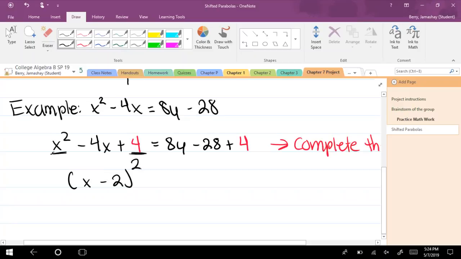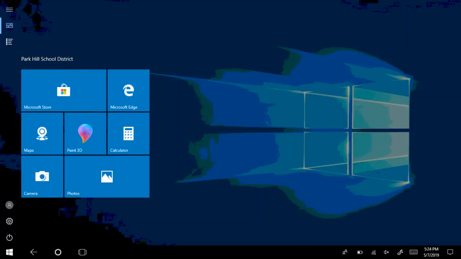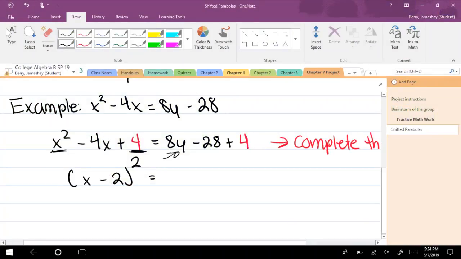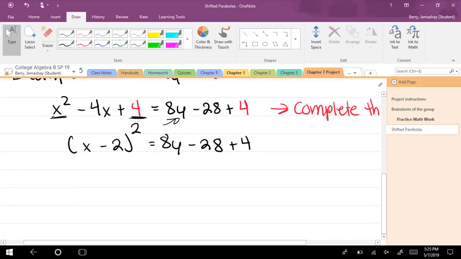After that, you would keep this side the same, except you would do negative 28 plus 4, which would be negative 24. And then this would be your perfect square.